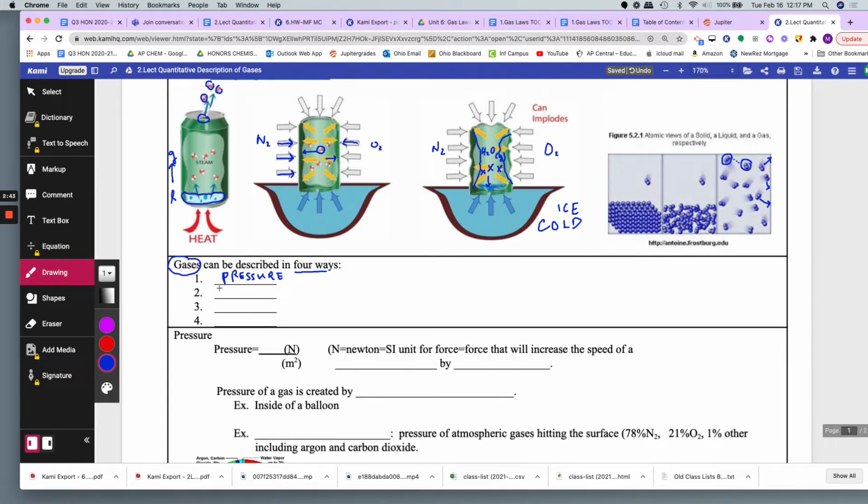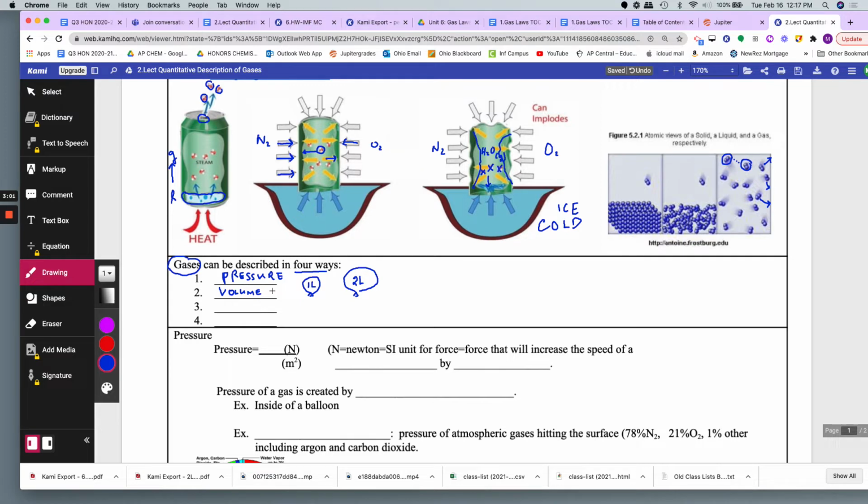Another way we can measure gas molecules is volume. So what we can do is trap the gas in a container, and by the size of the container we can see how much gas we have. This could be 2 liters, this could be 1 liter.